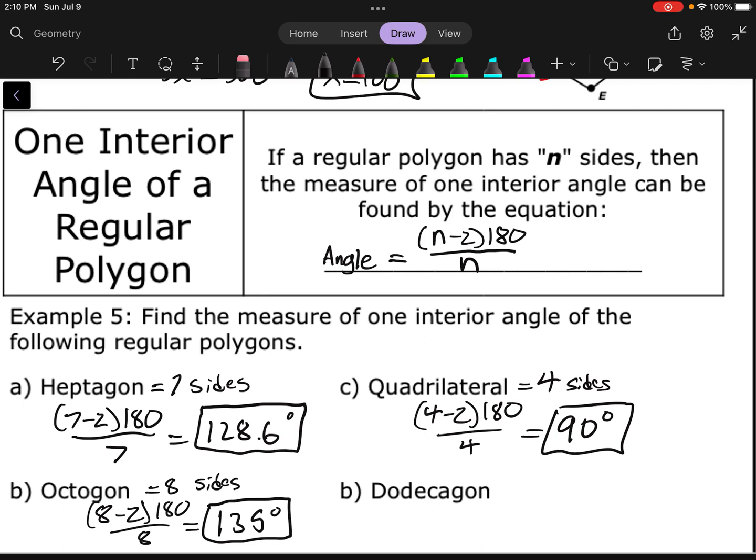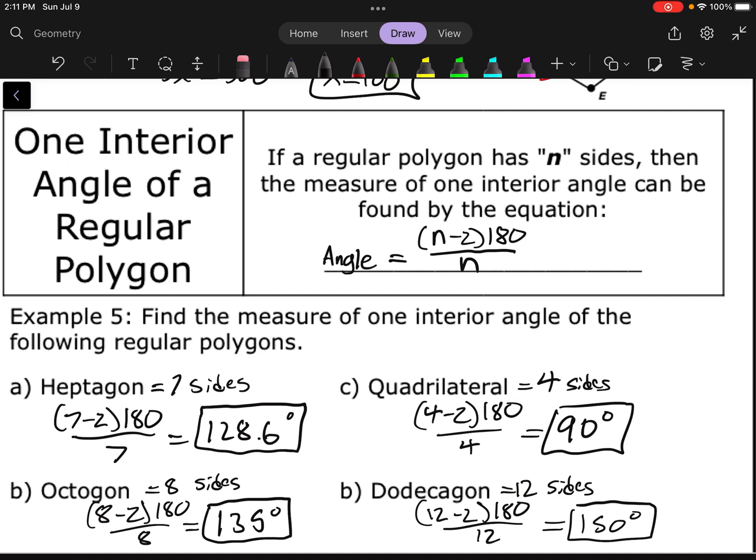A dodecagon has 12 sides. So we would do 12 minus 2 times 180 divided by 12. And for those dodecagons, we should get 150 degrees. So each angle in a regular dodecagon is 150 degrees.